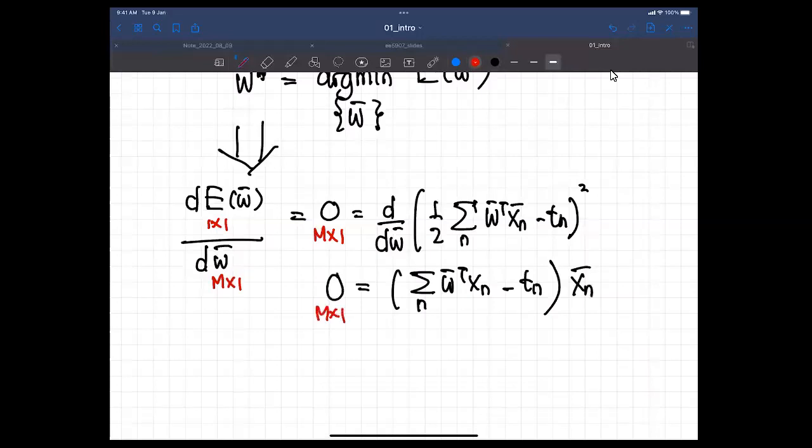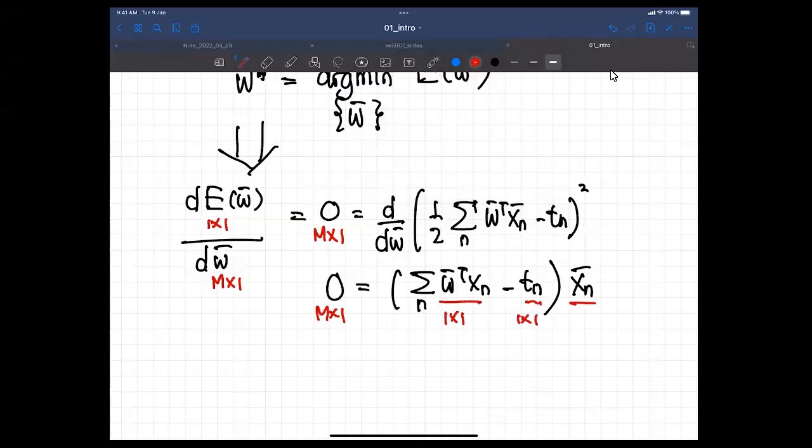So Tn, what is the dimension of Tn here? It's 1 by 1, right? Because it's a price, and it's just one sample of price. So if that's 1 by 1, this is going to be 1 by 1 as well.